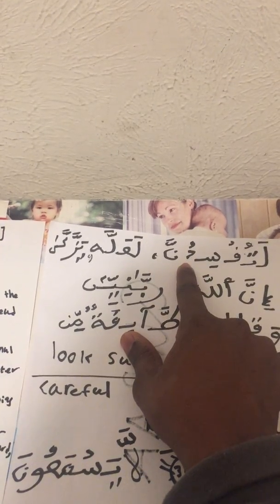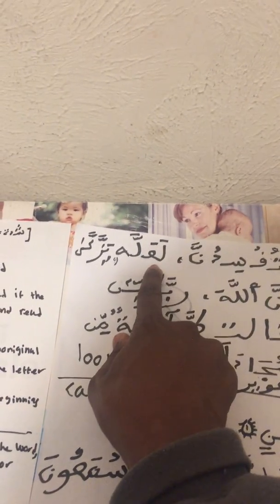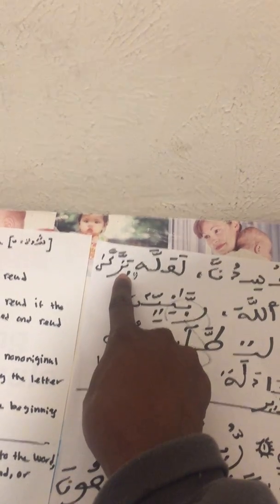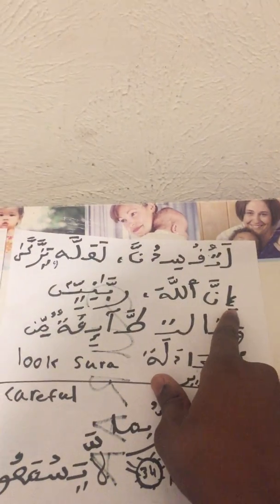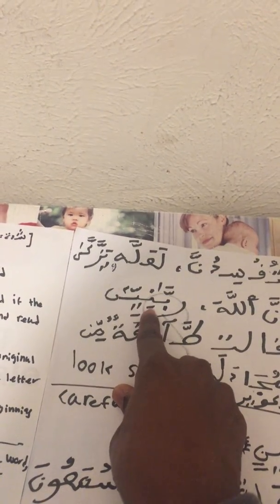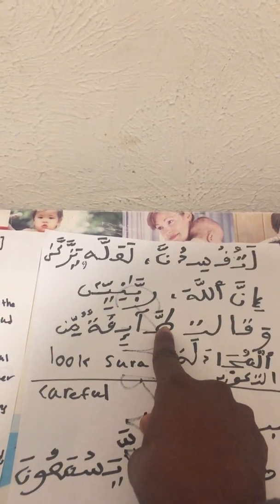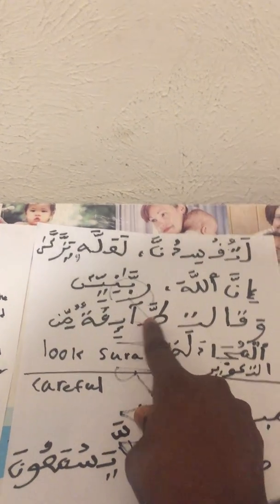Right? And then let me just go over it, read it one more time. You see how you can apply the shadda. لَتُفْسِدُنَّ، لَعَلَّهُ، يَزَّكَّى، إِنَّ اللَّهَ، رَبَّانِيٌّ، وَقَالَتْ طَائِفَةٌ مِّن.